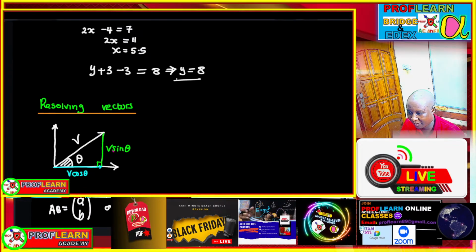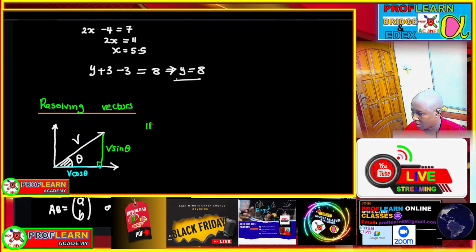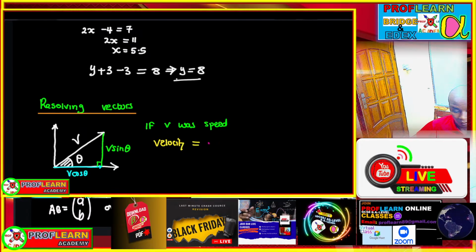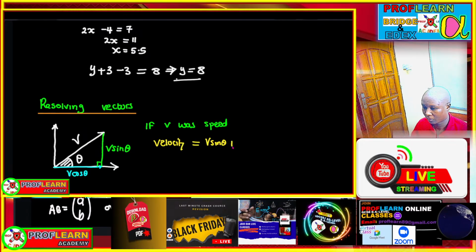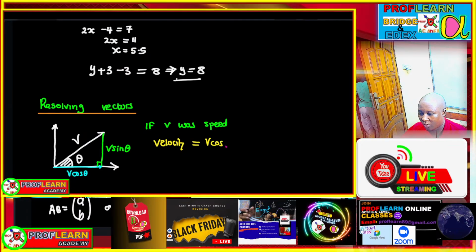So once we have this, we can say this vector can be written as a velocity vector, if v was speed.